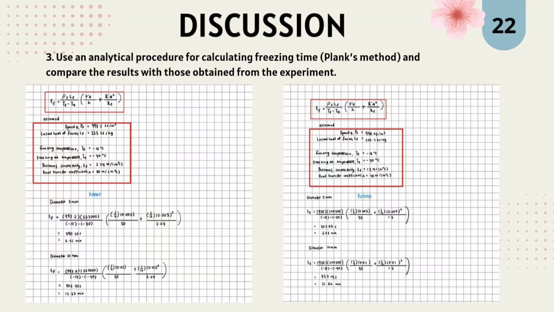For question 3, use an analytical procedure for calculating freezing time, the Plank method, and compare the result with those obtained from the experiment.